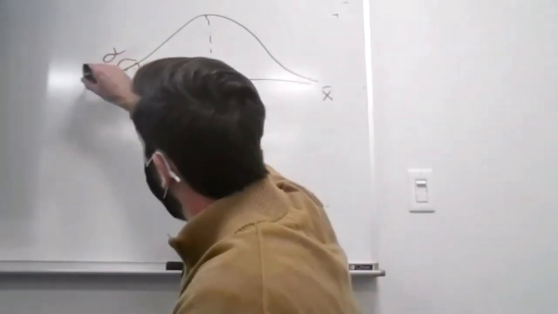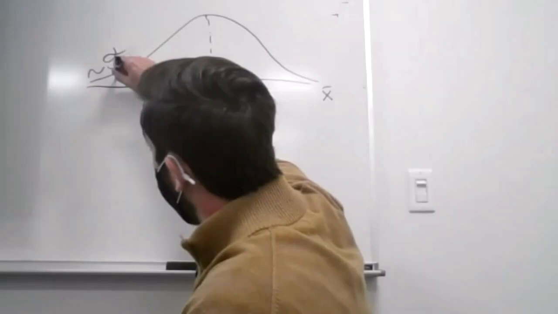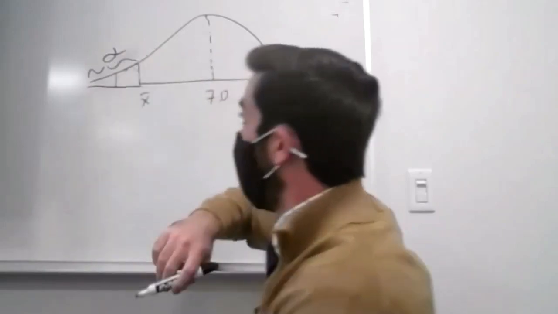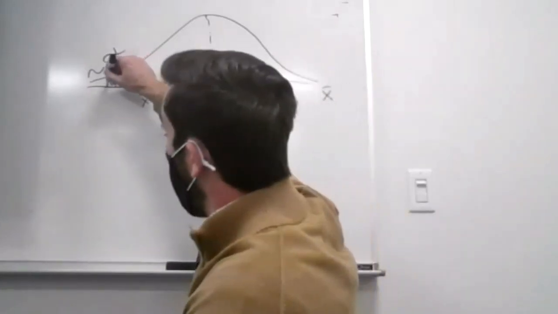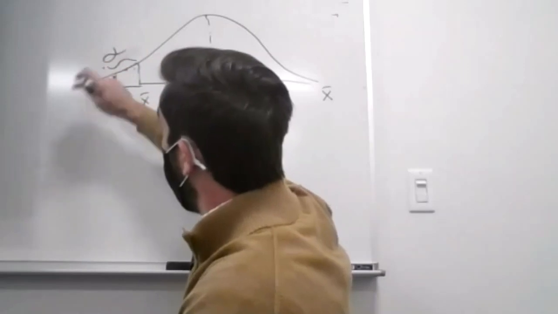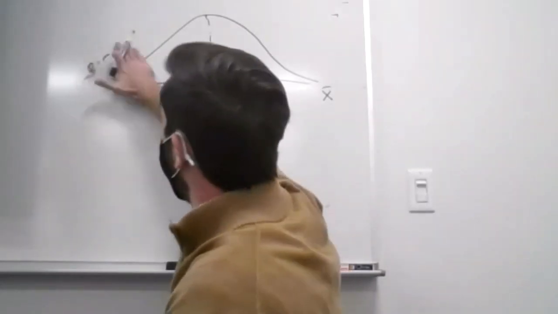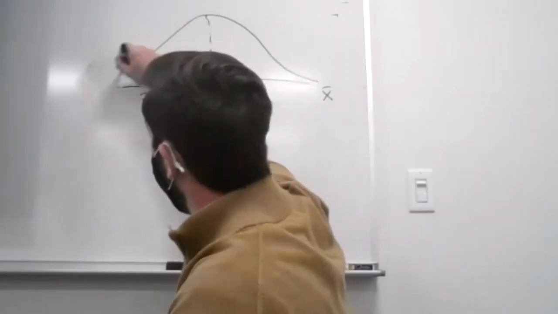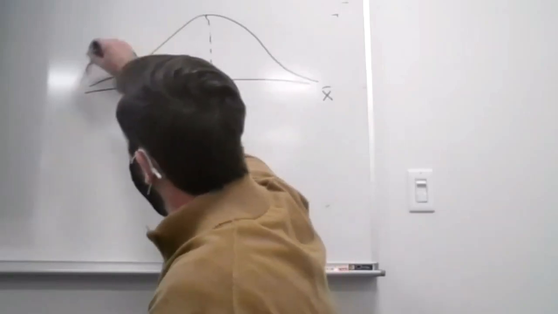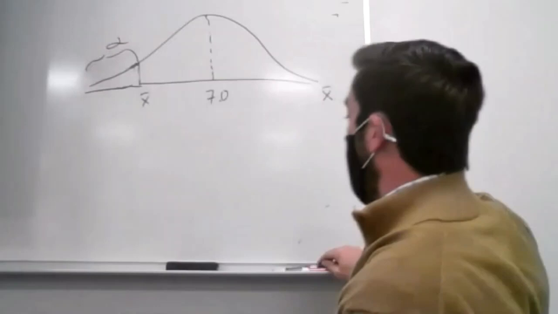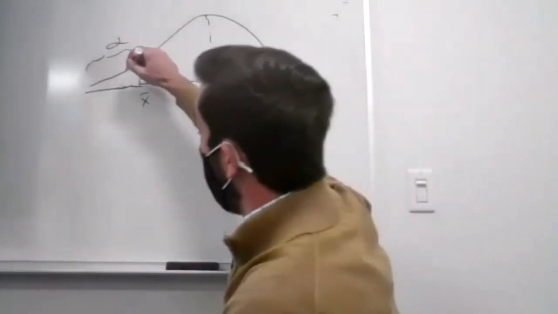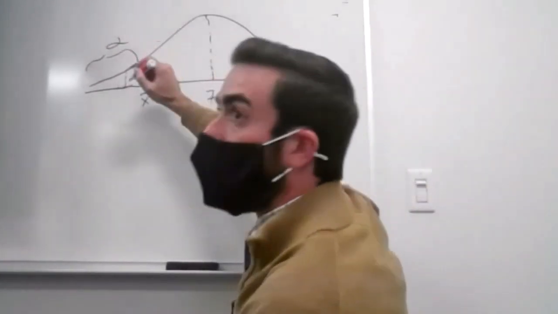If I do see something in this range, I know that the p-value, so you can think about here, this represents, well, I'm going to use colors here. Here is my alpha. Let's assume that I saw a sample mean right here.